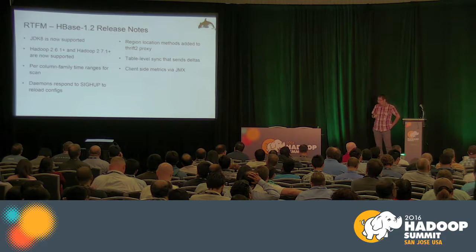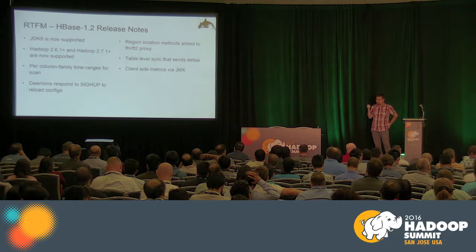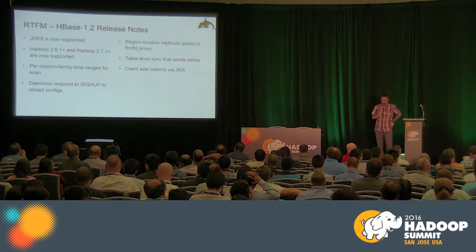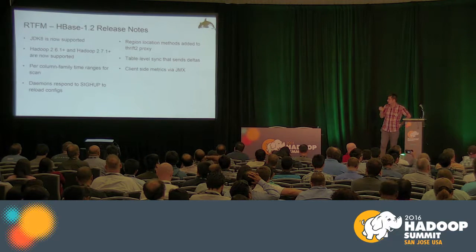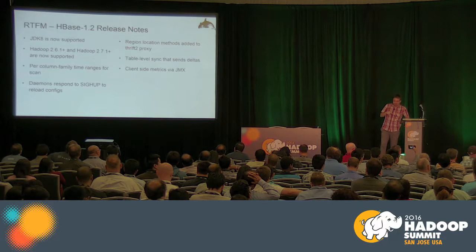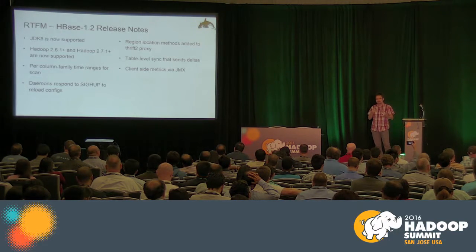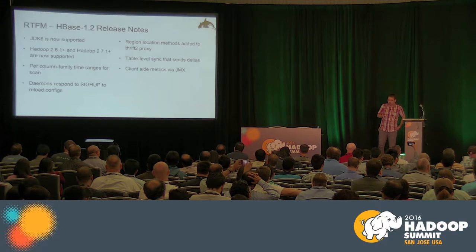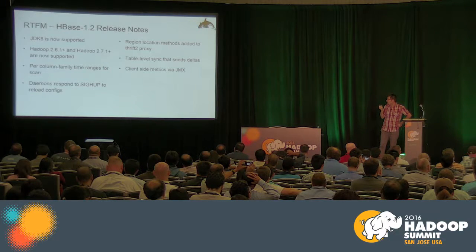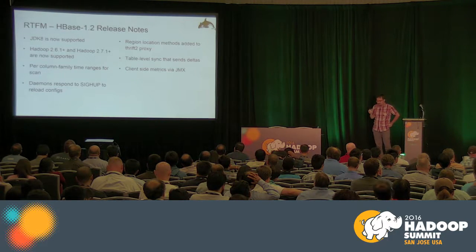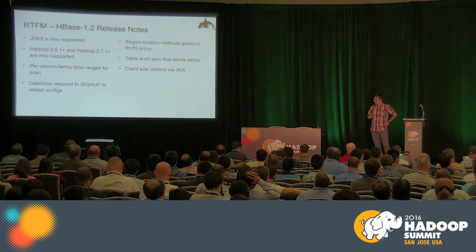Dynamic reloading of the configuration for the region servers is there, so that you can send a SIGHUP signal to the region server, and it will automatically reload the HBase site configuration. Region location methods were added to the Thrift2 proxy. This is just a small improvement.